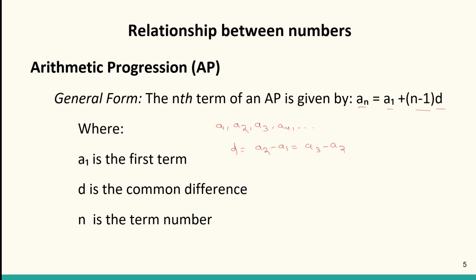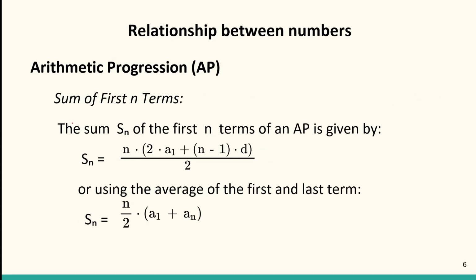That is why this is called arithmetic progression. And n is the term number, so a2 means the second term in the sequence, and a3 means the third term in the sequence and so on. So n is the term number, d is the common difference, and a1 is the first term.